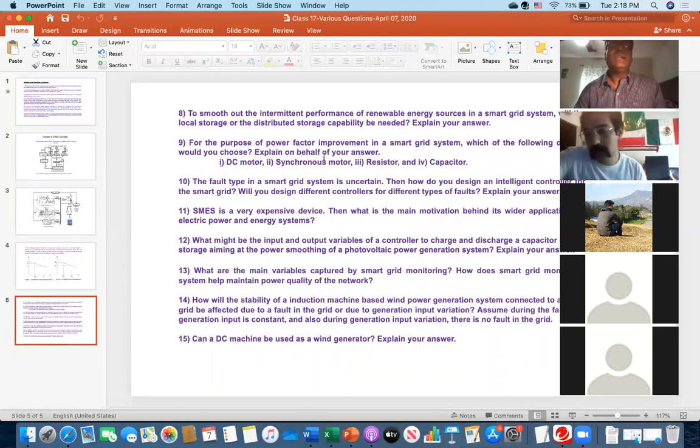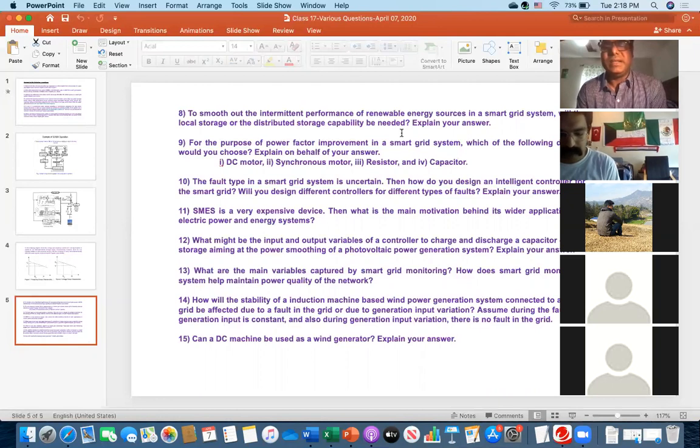So question number 8 was: to smooth out the intermittent performance of renewable energy sources, will the local storage or distributed storage be needed? The answer is that both storage capabilities are needed, both local storage and distributed storage. Local storage will handle the local oscillations of the generation sources, whether wind or solar. And then the distributed storage will further maintain the fluctuation or the stability of the system.